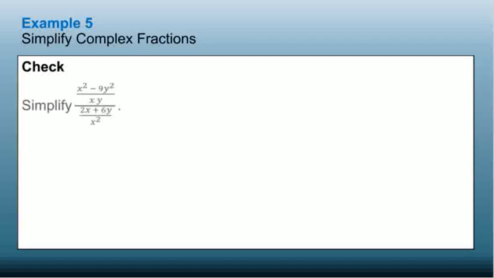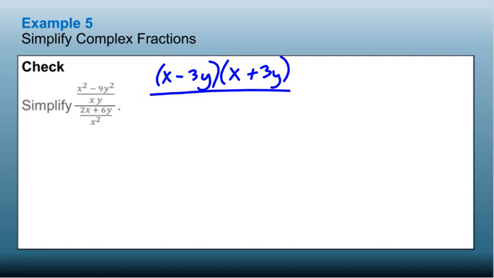And our last question here, simplify this one. So I have a difference of two squares on top, so this would be x minus 3y times x plus 3y all over xy, multiplied by the reciprocal. I have x times x, and then I can factor out 2 in the denominator.